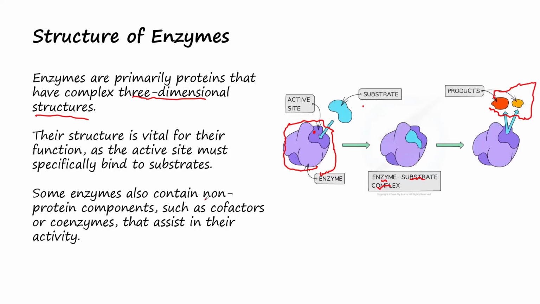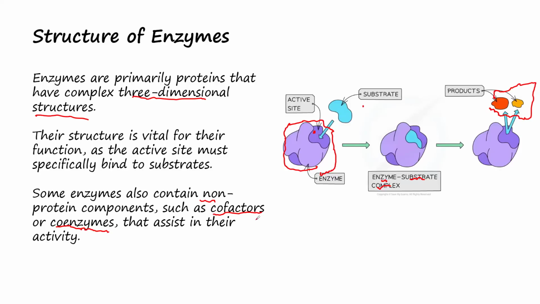And in fact, one important thing that we should understand is that we have some enzymes that have a non-protein component. And this non-protein component we have as cofactors or coenzymes. The cofactors can be a metal.